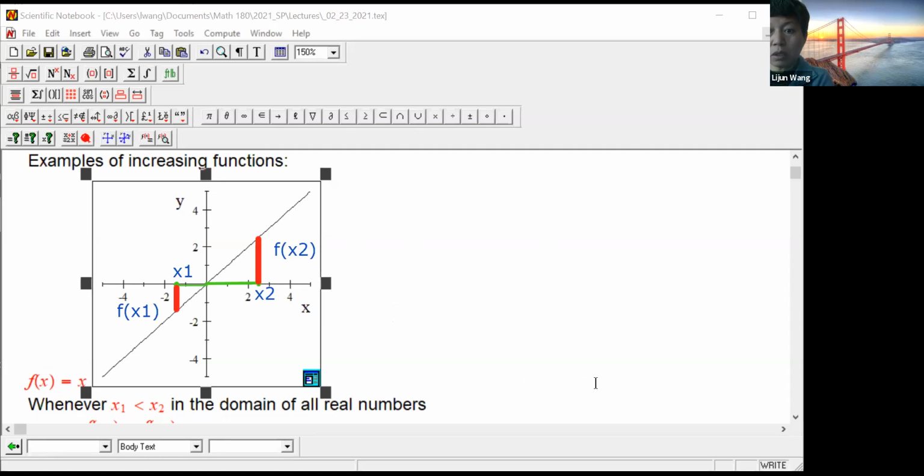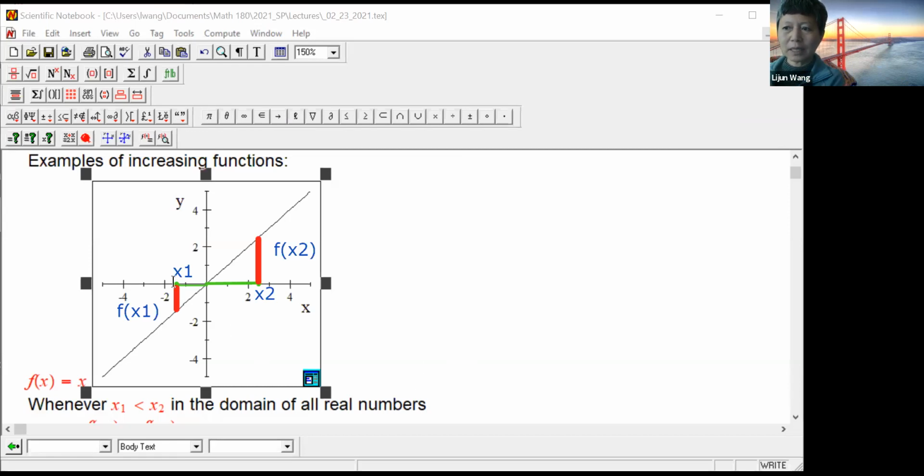And this has to be true for any two x1, x2 you pick from the domain or a specific interval. Do you guys follow me? That's what whenever means. In your head, you have to run all possible x1, x2, and that must be true. That makes an increasing function. Is it true for this function? Well, obviously it is true, right? Because the output is always the same as input. So when the input x1 is smaller than x2, the output is also x1 less than x2. That's a very easy case to present.